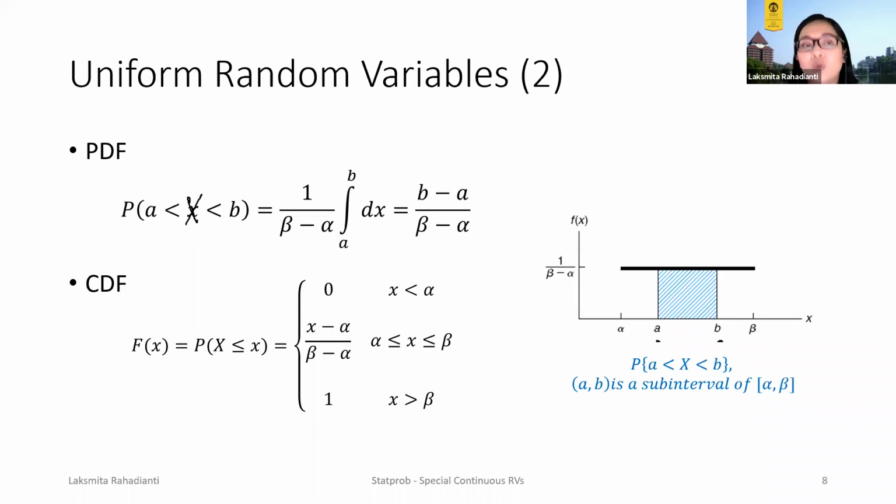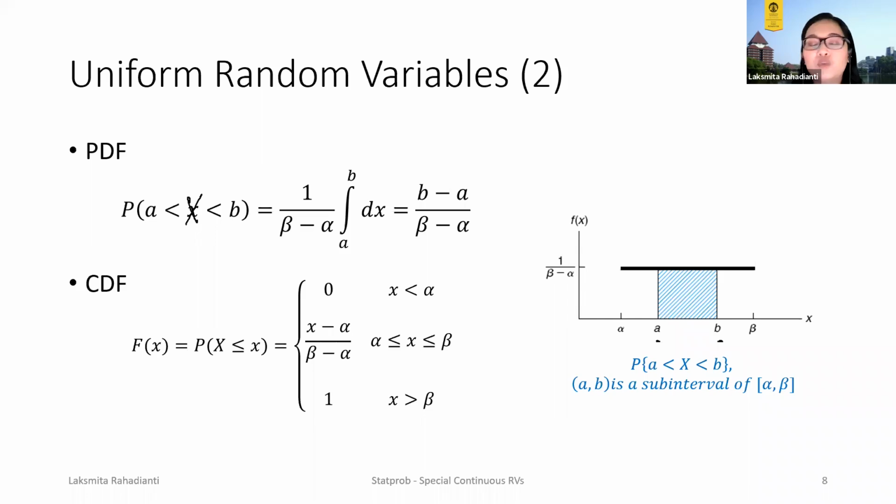But we also need to know the uniform function itself. Where is it valid? Is it valid from 0 to 6 or whatever? That is your alpha and beta. And as such, we can then compute the CDF as follows. You write it down as in the bottom here: it should be 0 at any value before the lower limit of the uniform function.